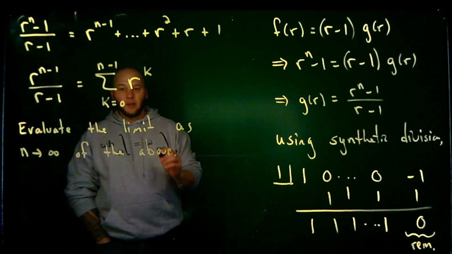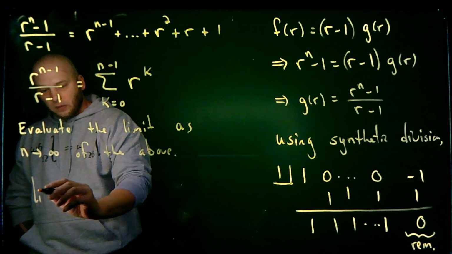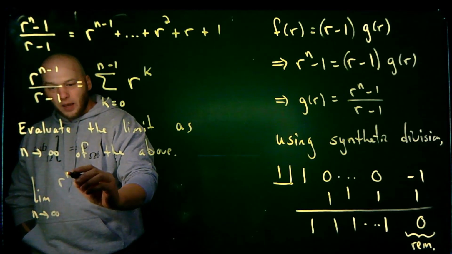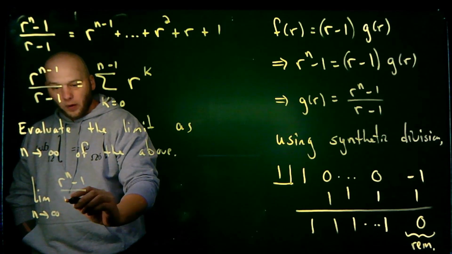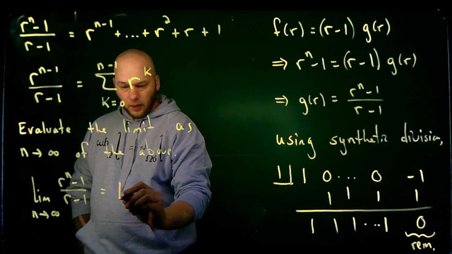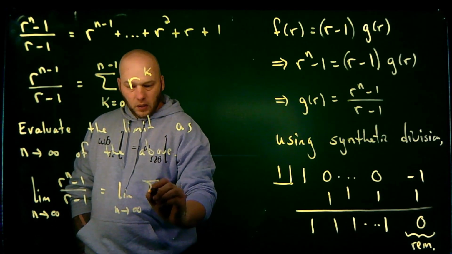Okay, so take the limit as n goes to infinity of both sides. I get the limit of r to the n minus 1 over r minus 1. On the other side, this is equal to the limit as n goes to infinity of the summation.